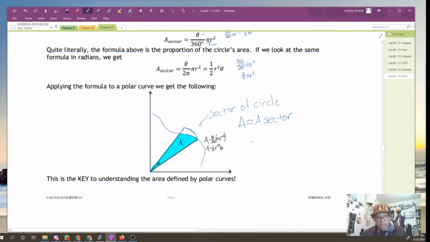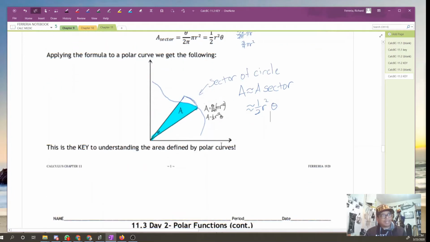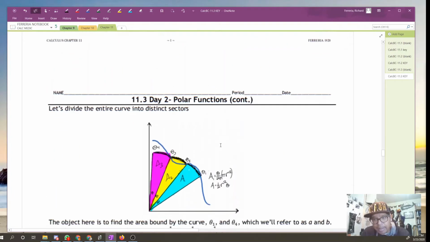Well, what is the area of that sector? It's that formula we just learned: 1/2 r squared theta. So if I want to approximate the area of a pizza slice of my polar curve, all I need to do is find the area of the corresponding sector, and that would be an approximation. That should make sense, and again, if it makes sense, thank your geometry teacher.